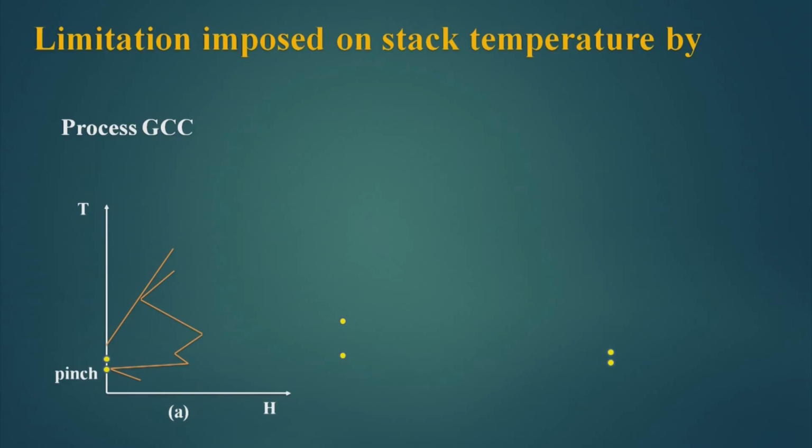If such a situation is there, then obviously the stack temperature will be far more than the process pinch point. It can be more than the acid dew point also, and hence a lot of stack losses will take place.